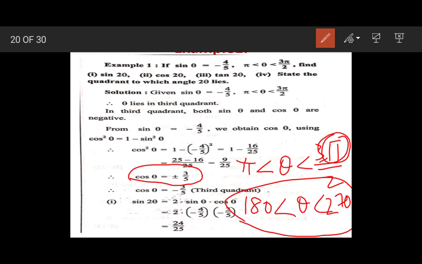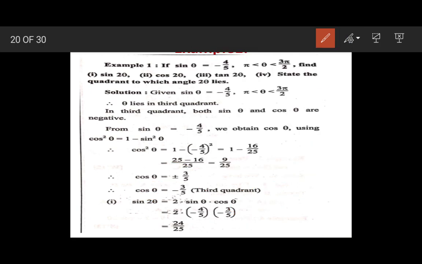So that means theta lies in third quadrant, right? Since the angle is between 180 to 270, it lies in third quadrant. Okay. So in third quadrant cos is negative. Therefore cos theta will be minus 3 upon 5. Okay. Now cos theta is minus 3 upon 5.